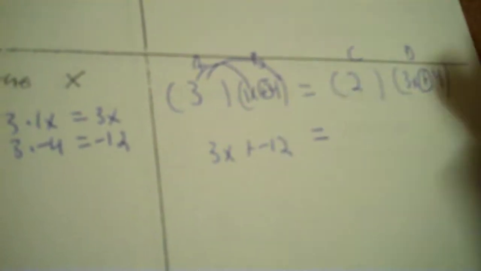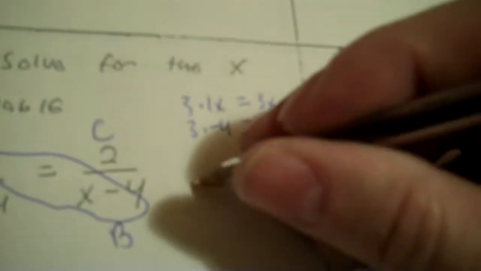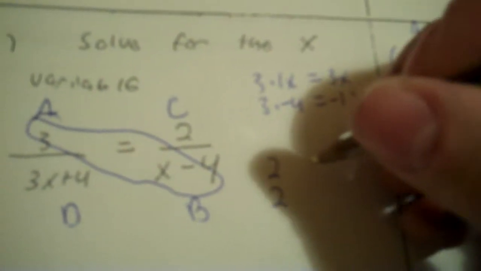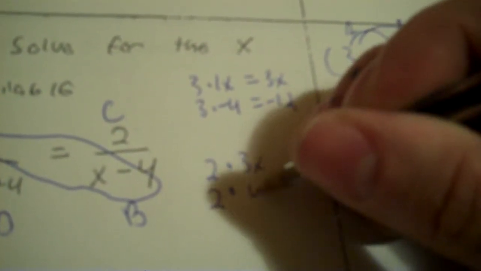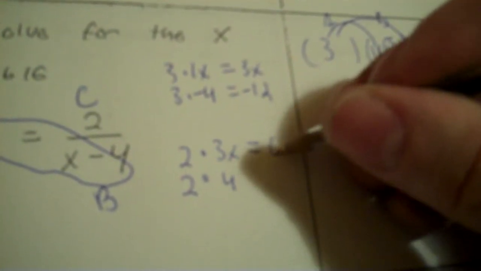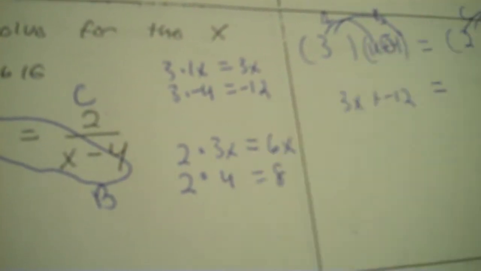So on this side of the equation we have 3x plus negative 12, and on the other side I need to distribute the 2 to the 3x and the 2 to the 4. So 2 times 3x is 6x, 2 times 4 is 8. Then I line up my plus, and I've got 6x plus 8. And then that's all you have.